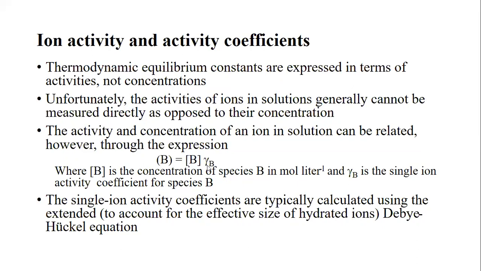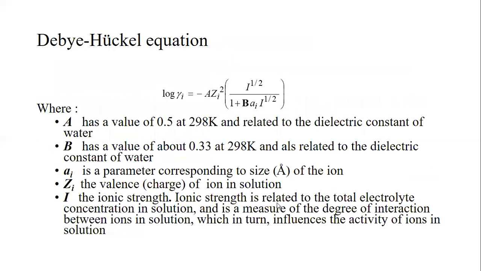So how do we calculate gamma? We use what we call the extended Debye-Hückel equation. We call it extended because it has a parameter which is related to the hydrated size. We will see it in a minute. So this is what we had when you came in.